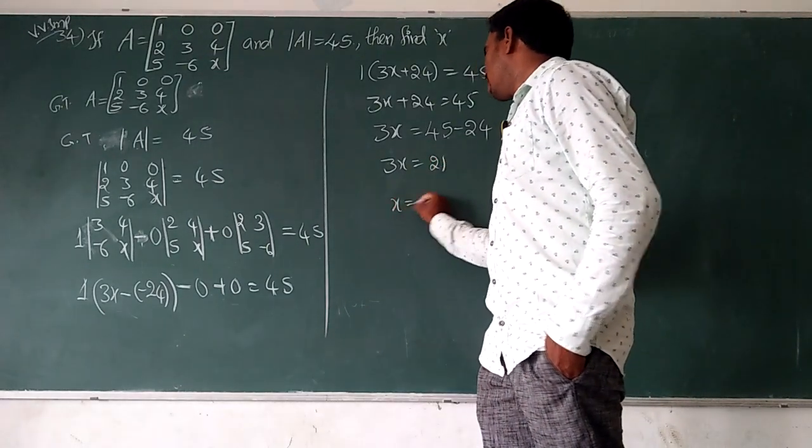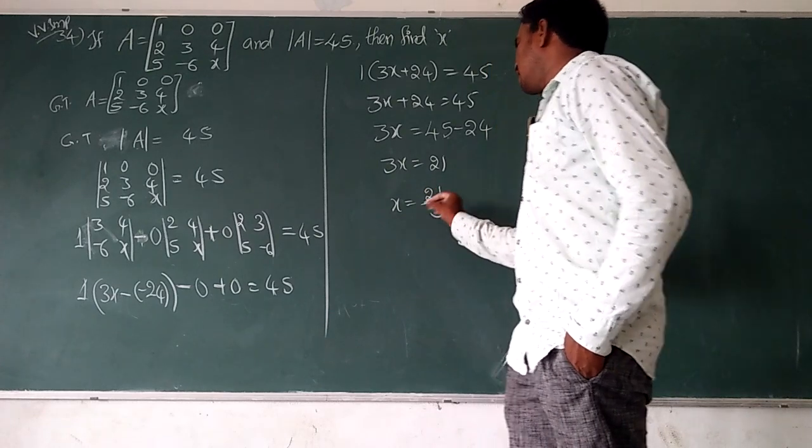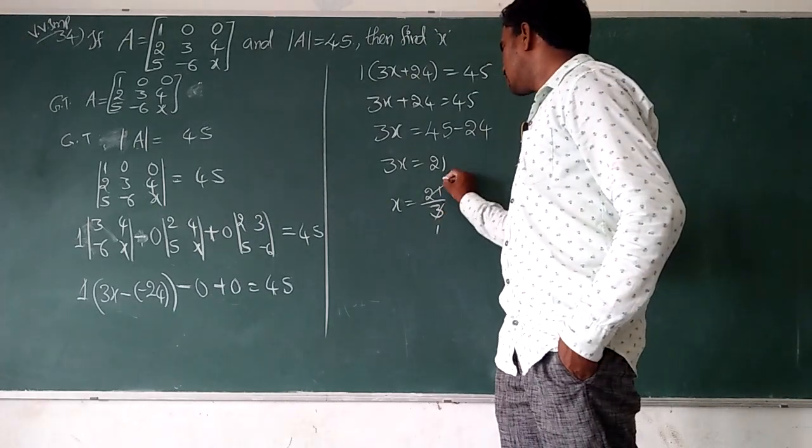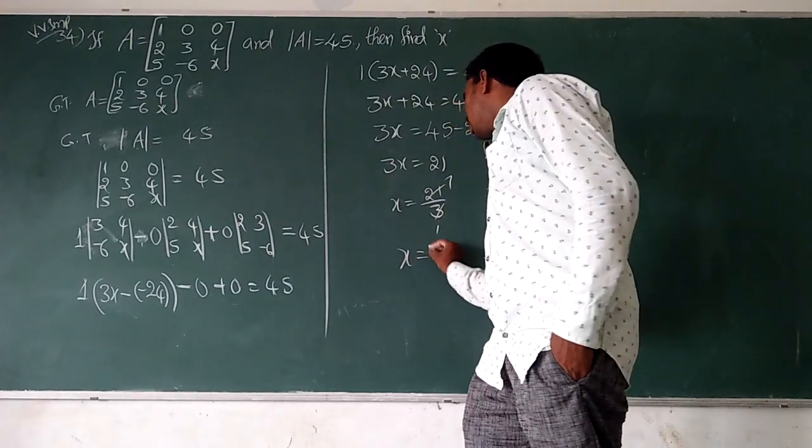Then x equals 21 by 3. Since 3 is multiplying, it goes to the denominator on the right side, and 21 by 3 is 7. So x is equal to 7.